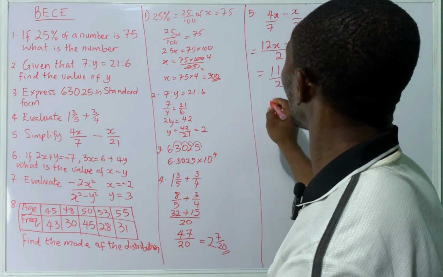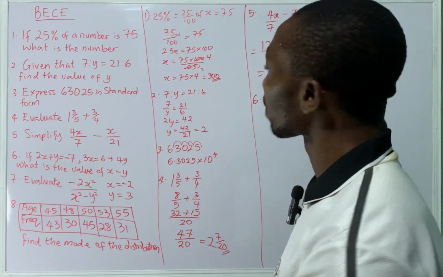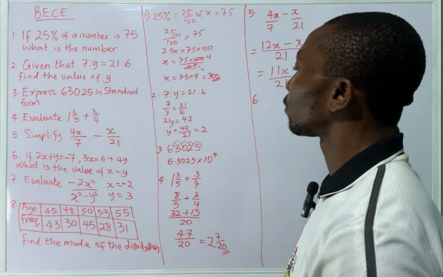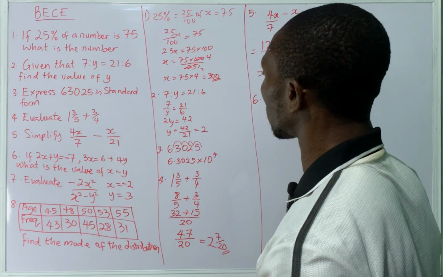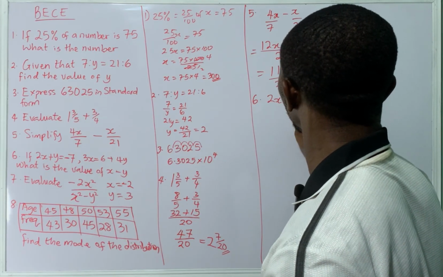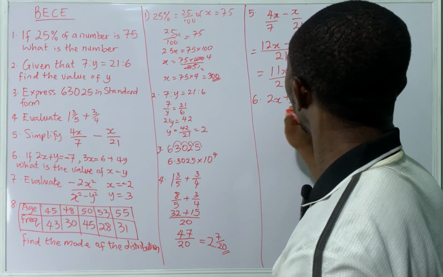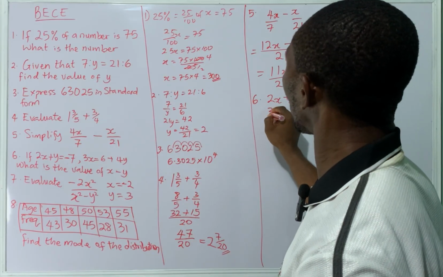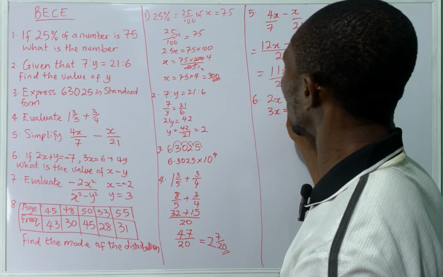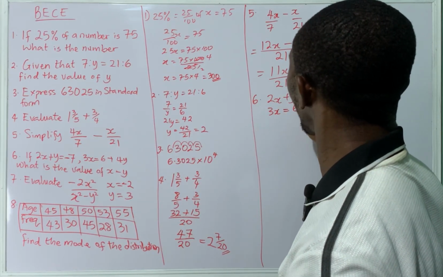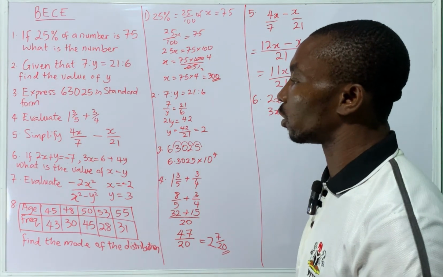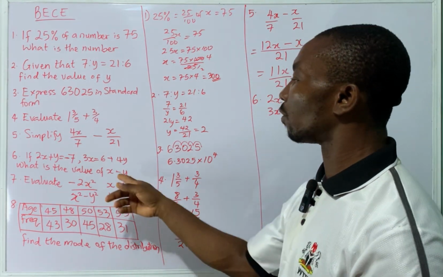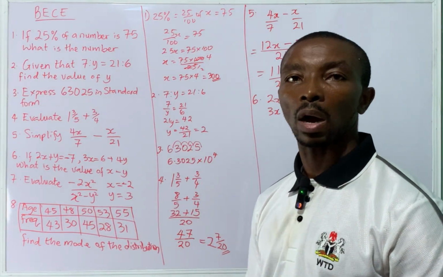All right, now question 6. It says if 2x plus y equals minus 7 and 3x equals 6 plus 4y, we have to solve this simultaneously and find the value of x minus y.